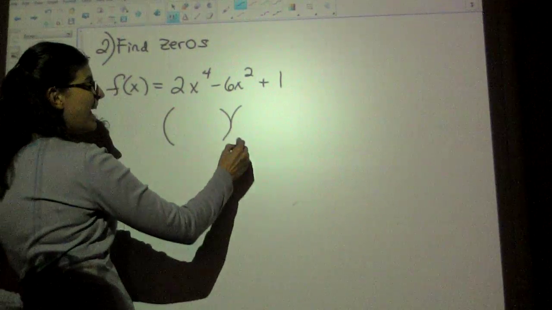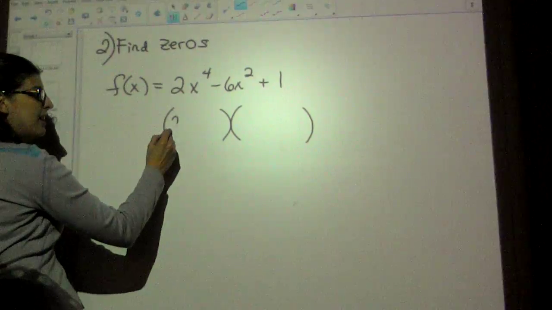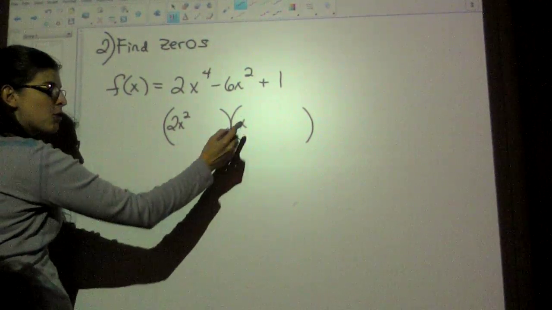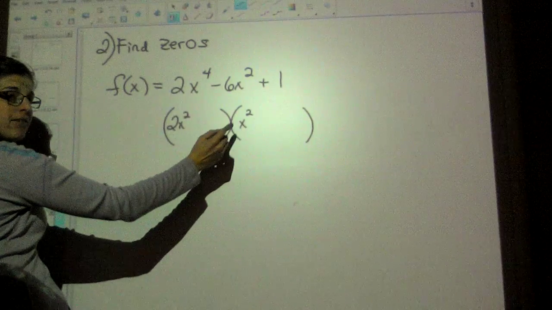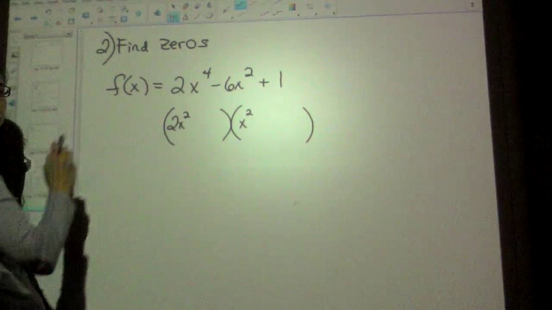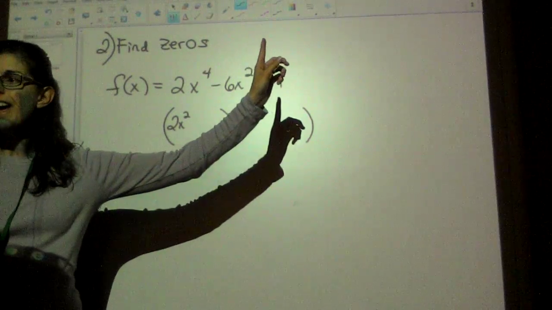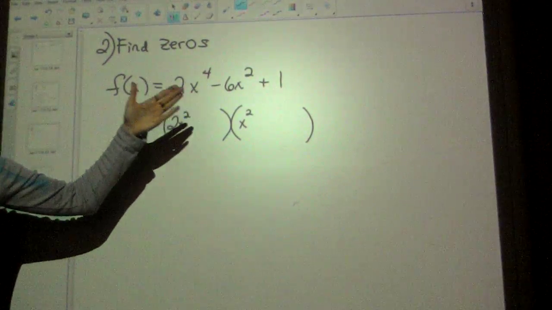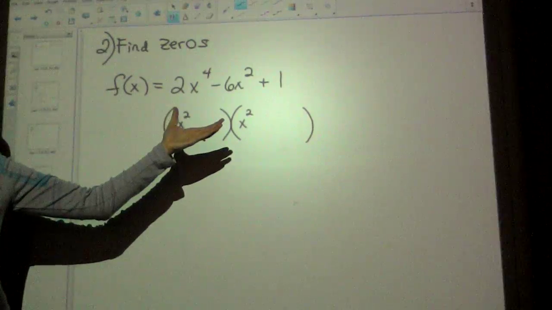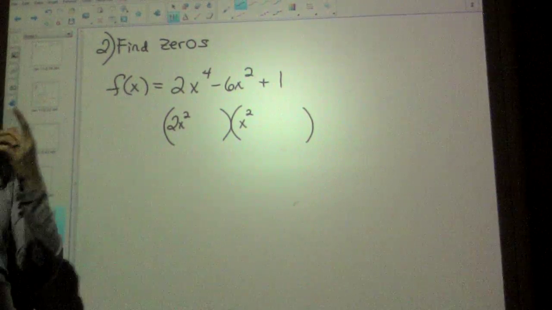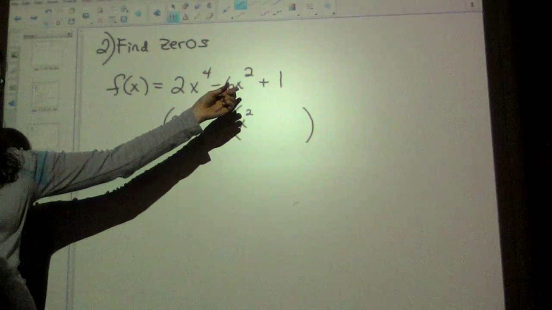So this thing might factor like this: 2x squared and 1x squared would multiply, first terms would multiply to be 2x to the 4th. Because there's no plain x cubes or x's, you won't have any other x's in your factors. You'll just have x squareds because your inners and outers would have to be x squareds.